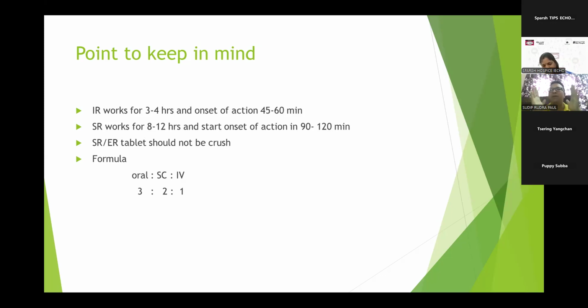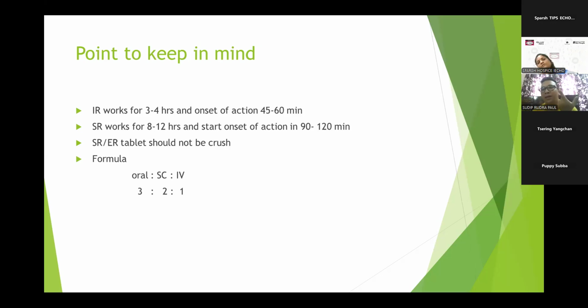So we try to give 30 mg SR BD, but at the same time we have to give IR as well, because there may be breakthrough pain in between. Suppose in the morning at 8 o'clock the patient took the first morphine SR, and next will take it in the evening at 8 p.m. In the meantime, at 1 p.m., he or she is having pain.